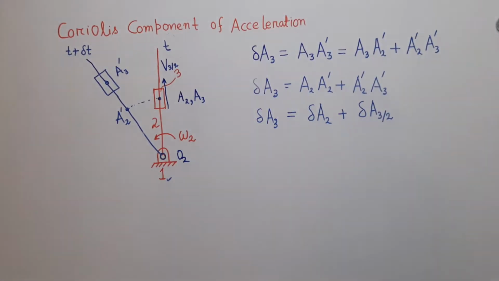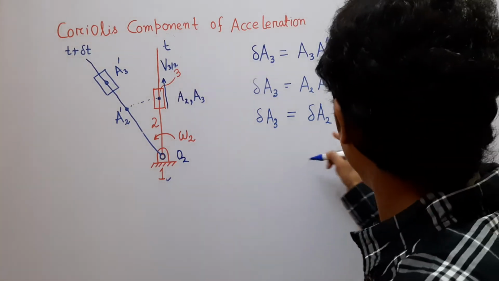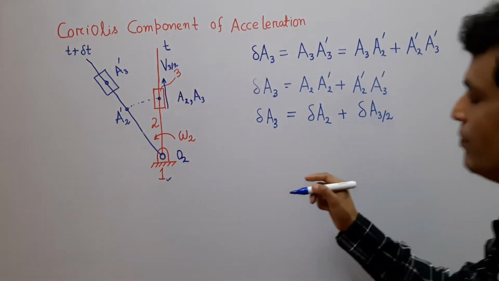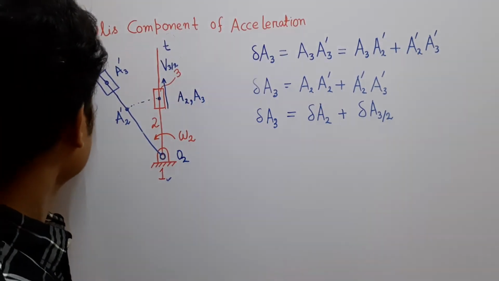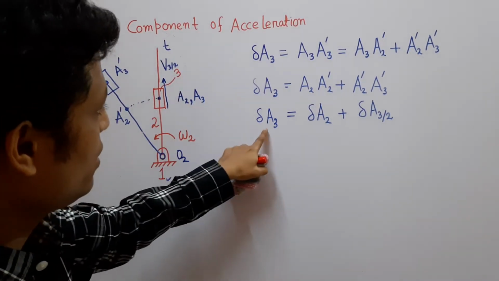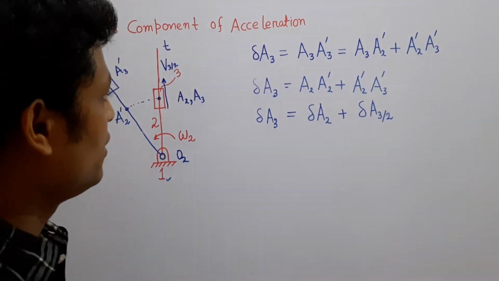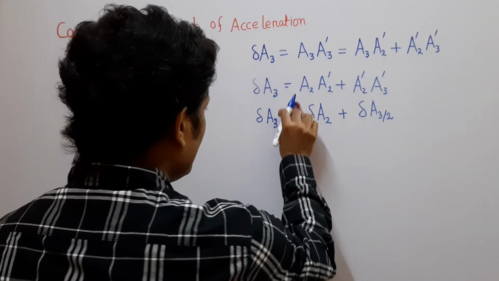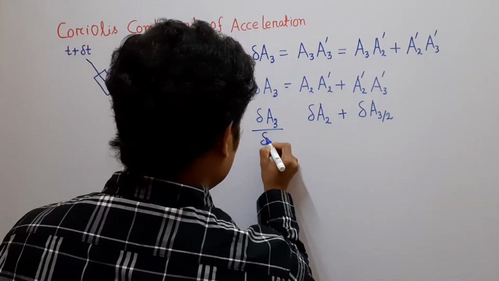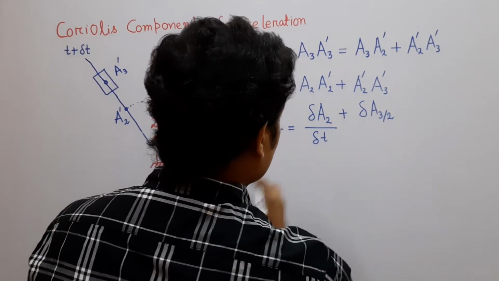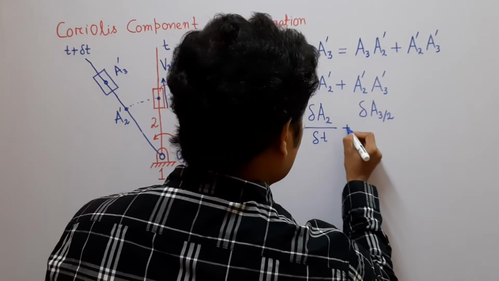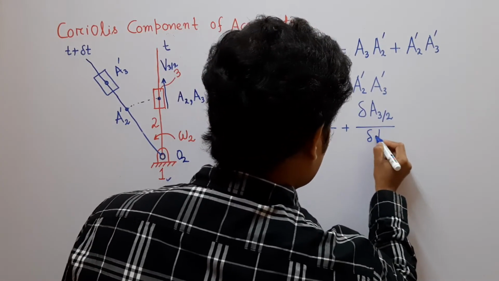Now if we divide this equation by delta t, the time interval, what will we get?